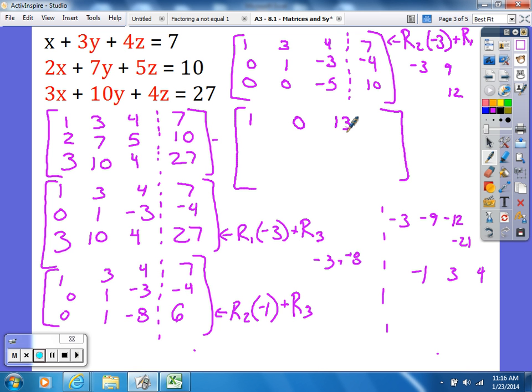And now 7 and 12? There you go. It's like 0, 1, negative 3, negative 4. That stays the same. Okay.